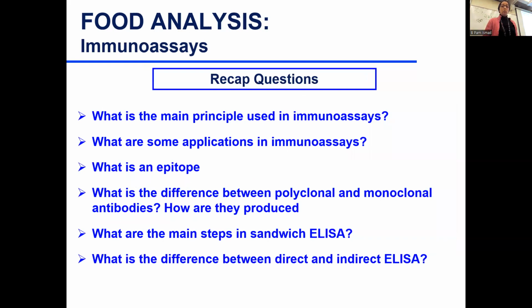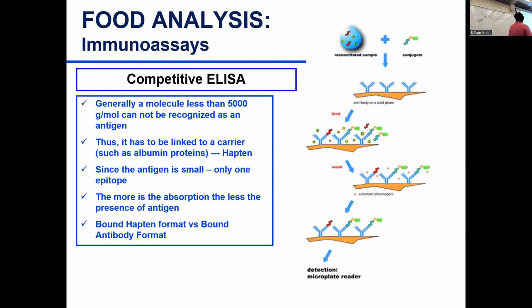So recap for you to think about when you study. The competitive ELISA. So in competitive ELISA, the molecule, the antigen is very, very small. Because it's very small, less than 5 kDa or less than 5,000 grams per mole, it's a very small molecule. When you inject it in an animal, it's too small for the B cells to recognize to produce antibodies. But you want to detect this toxin or this molecule.